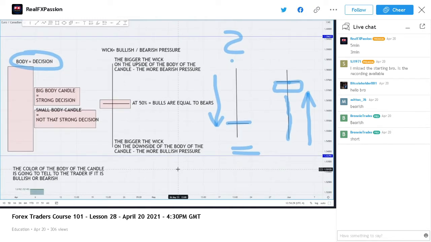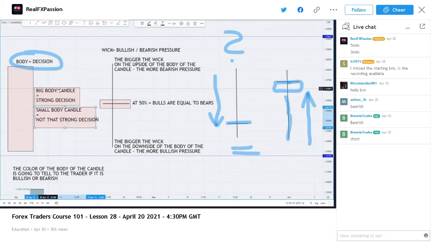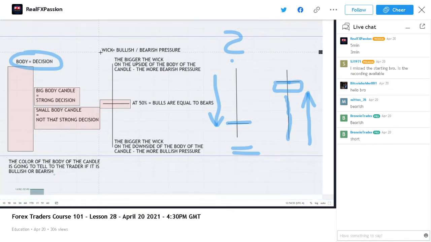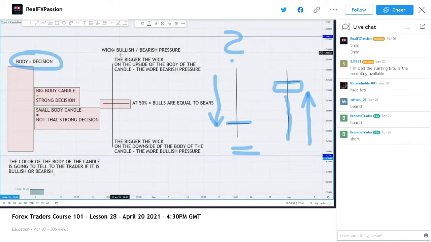So one more time, very slowly. We have bodies, and the body is a decision. The bigger the body, the stronger the decision. Small body candle, not that strong decision. The color of the body tells the trader if it is bullish or bearish. And then we have the wick, which signals bullish or bearish pressure.